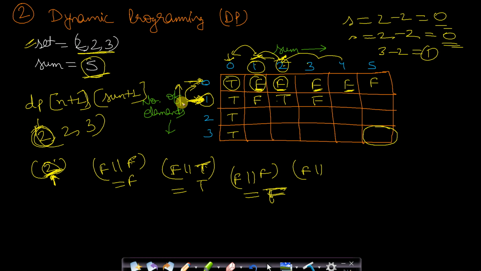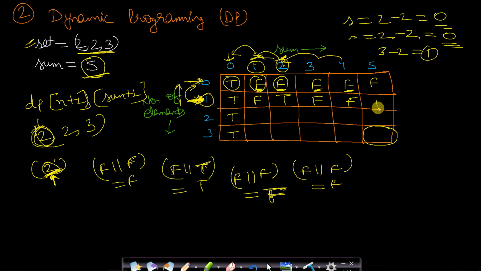And we will again move above, because we are just decrementing the number of elements. When we have already included this first element, we will just exclude this and find out whether we can find this sum 2 by having number of elements as 0. And here it is saying false. Therefore, we cannot find 4 by using the first element, and so it will be false.